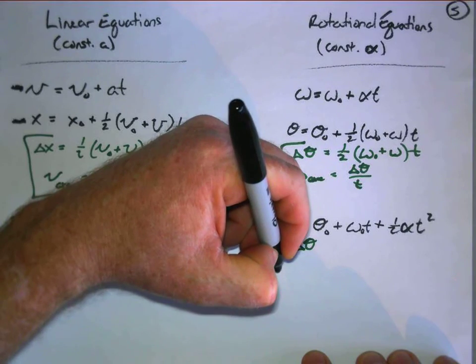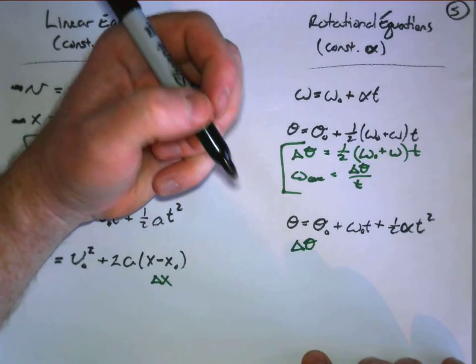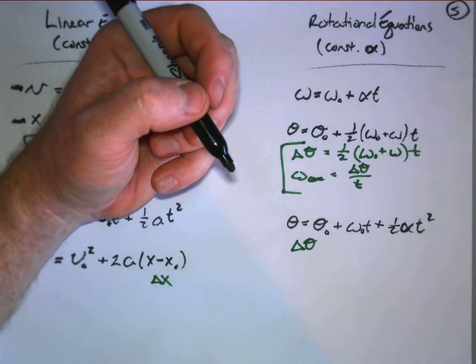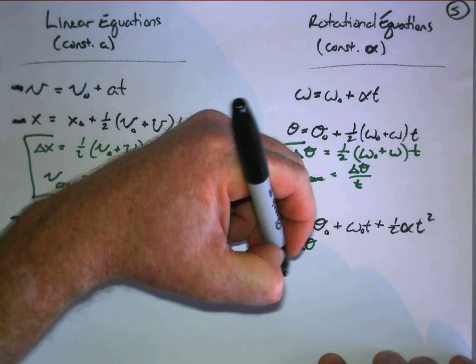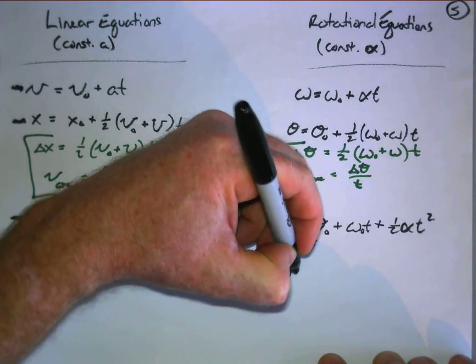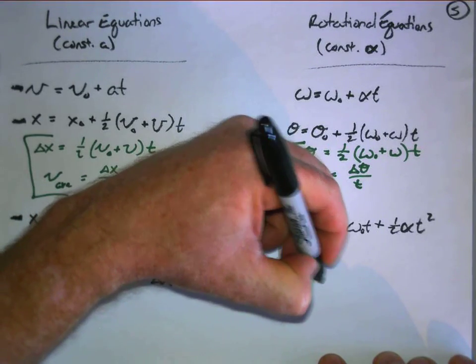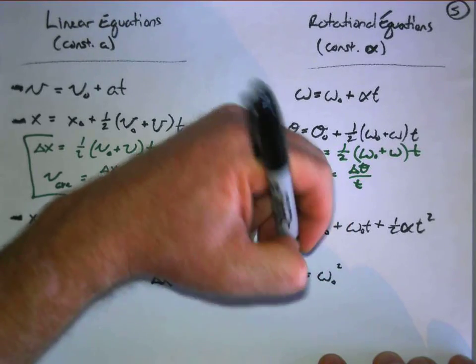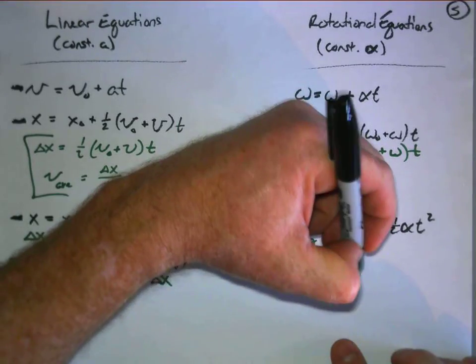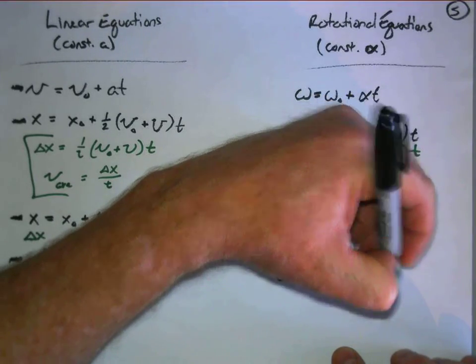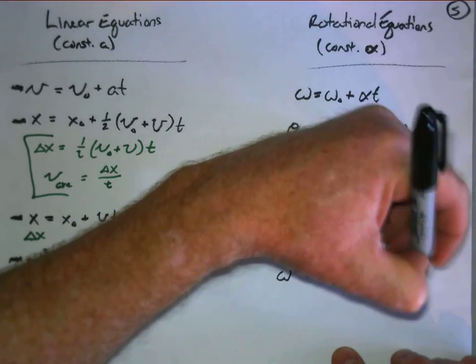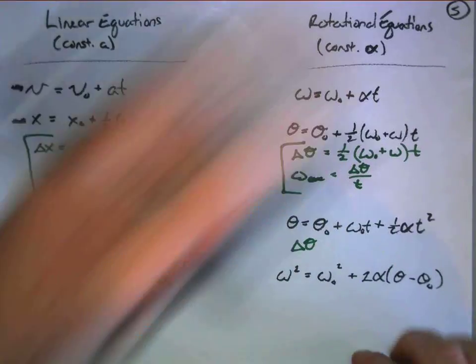Finally, we have, did I miss one? What did I do? Oh, okay. Finally, we have, sorry, I was examining my own notes. Final angular velocity squared equals initial angular velocity squared, plus 2 times angular acceleration times the difference in those angular positions.